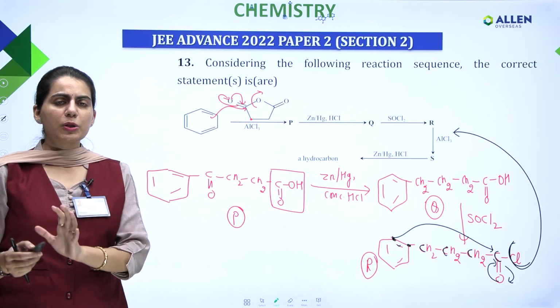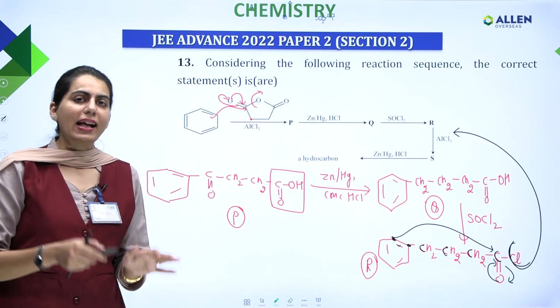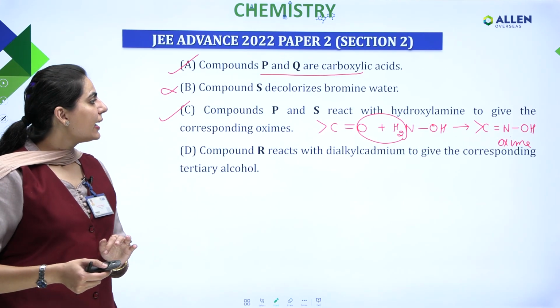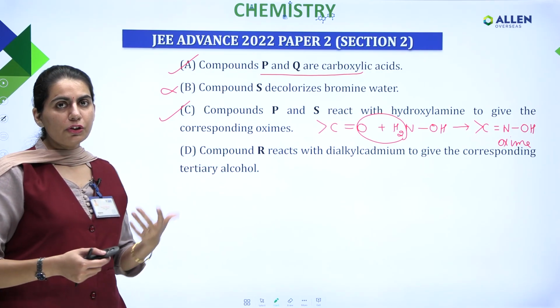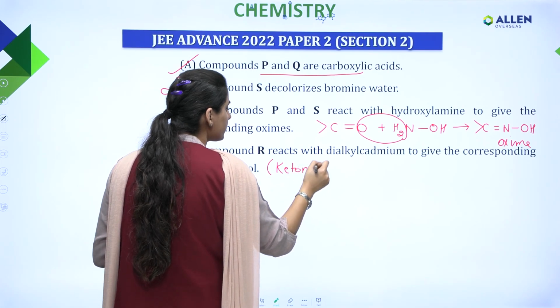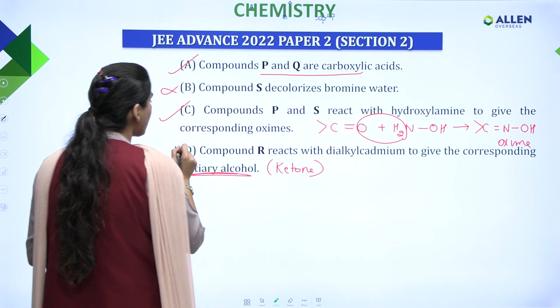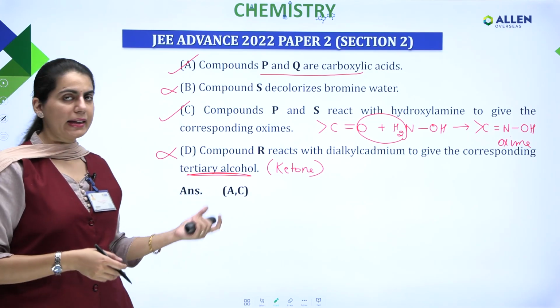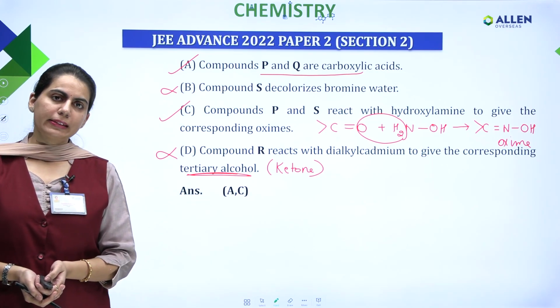So this is a very specific ketone preparation between acid halide and dialkyl cadmium. Okay, so they are saying, will it give me a tertiary alcohol? No, it will be giving ketone. So your option D is wrong here. So the answers for this question will be A and C for question number 13.